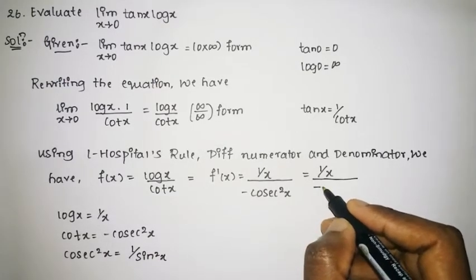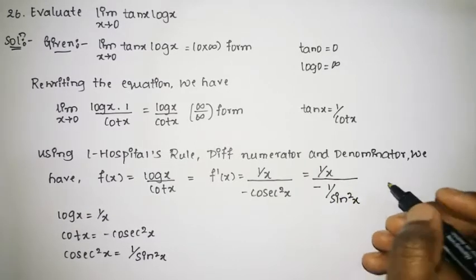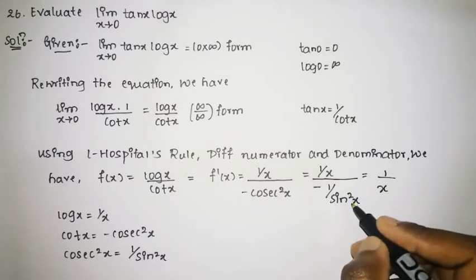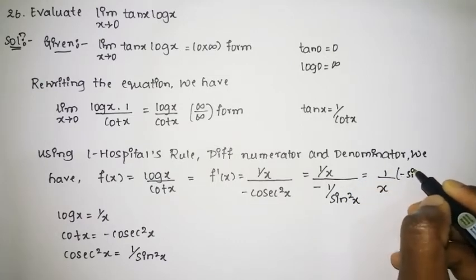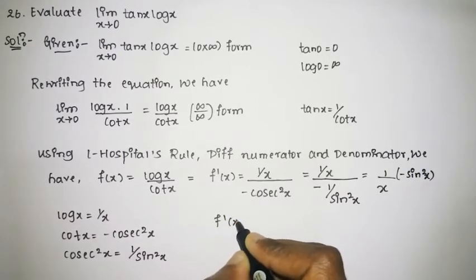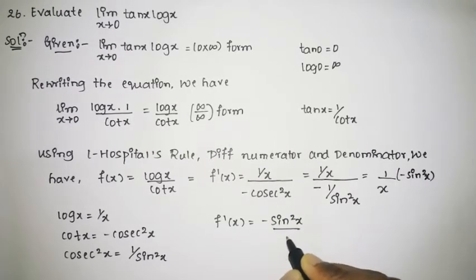So minus, keeping minus sign as it is, 1 divided by sin square x. So therefore 1 divided by x, this minus sin square x goes to the numerator, so it will be minus sin square x. So therefore f dash of x equal to minus sin square x divided by x.